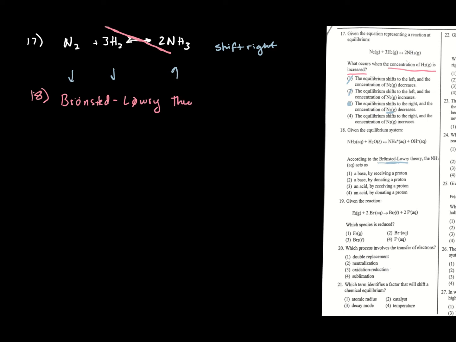Bronsted-Lowry theory is the same name as the alternate theory of acids and bases. So that means we've got to think back to a few minutes ago, to the previous pages, where I wrote out for you what the alternate theory entails. And so acids and bases, who's accepting, who's donating protons.